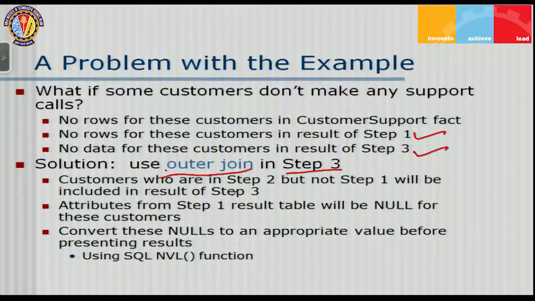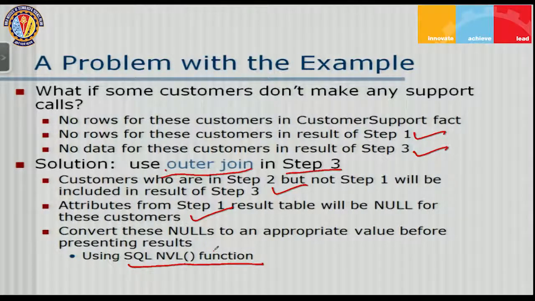So customers who are in step 2 but not in step 1 will be included in the result, and attributes from the step 1 result table will be null for these customers. These nulls can be converted into an appropriate value or a string using SQL's NVL function.